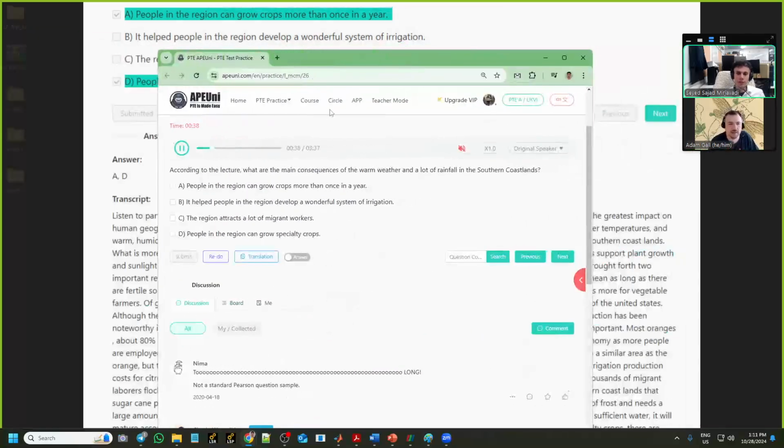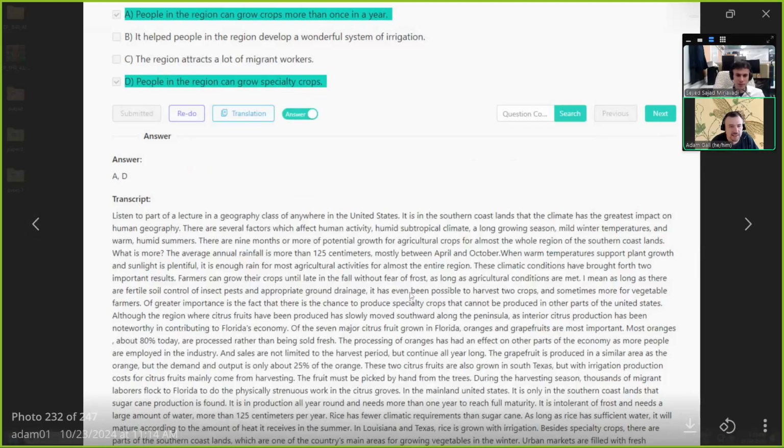So when we say, what are the main consequences? It says, when warm temperatures support plant growth and sunlight is plentiful, there is enough rain for most agricultural activities for almost the entire region. Farmers can grow their crops until late in the fall. And then it says it has even been possible to harvest two crops and sometimes more for vegetable farmers.